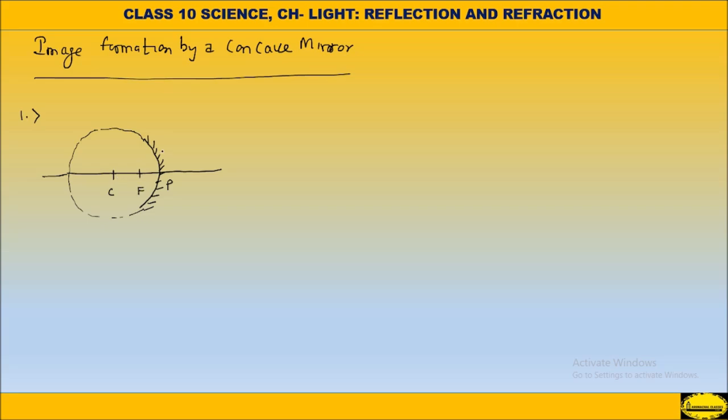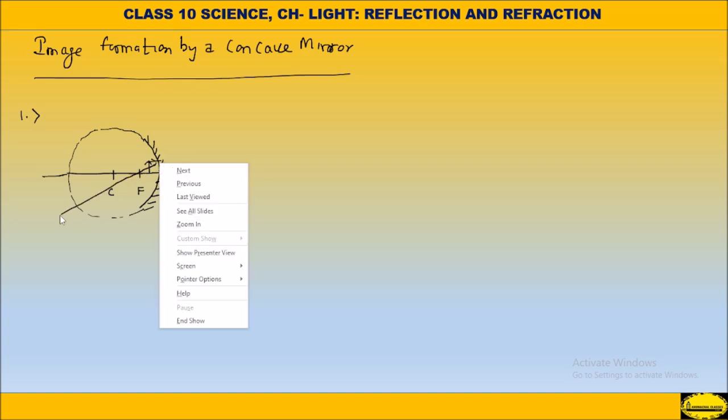Here the object is placed between F and P, that is principal focus and pole. A ray of light touching the head of the object, which is parallel to the principal axis, after reflection from the reflecting surface of a concave mirror, passes through the principal focus.